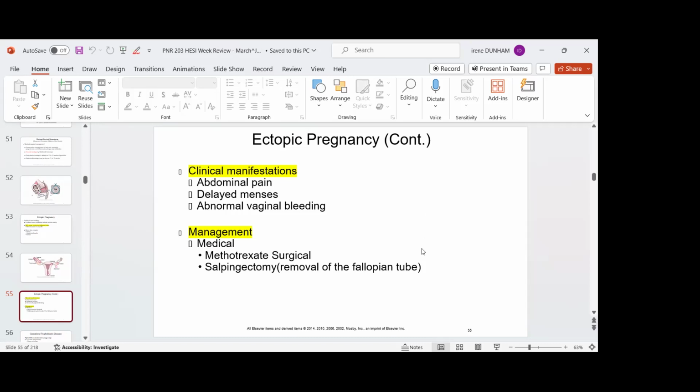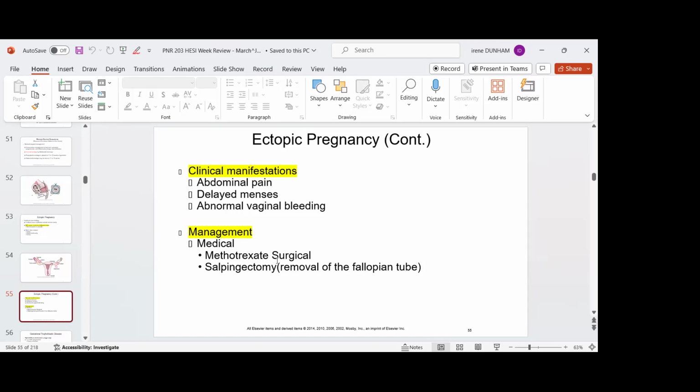Okay. Now, you get her to the hospital quickly. She can get started on methotrexate. We give that through the IV, and that will break up those cells, and then it gets broken down and reabsorbed by the body. It's gone. No more pregnancy. No more little fertilized ovum.